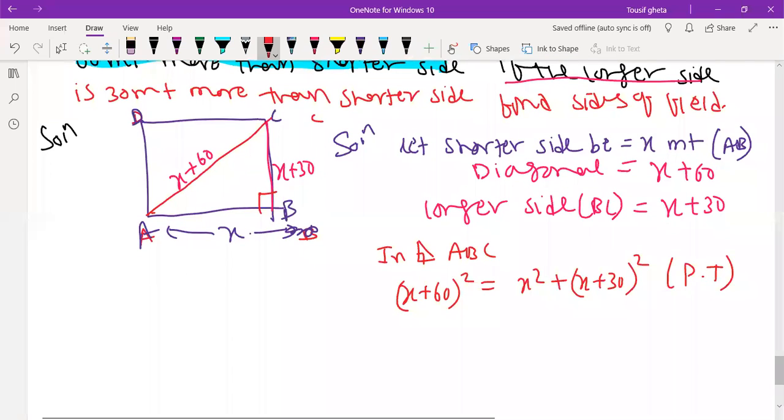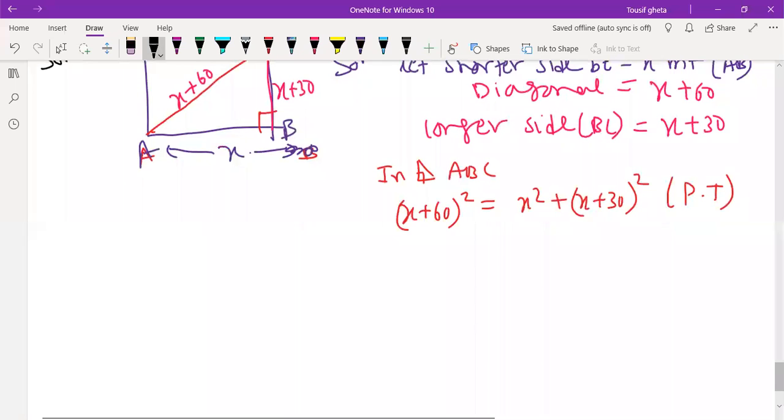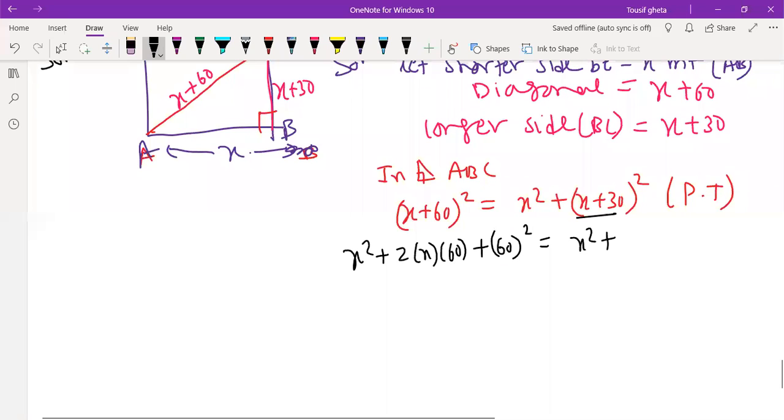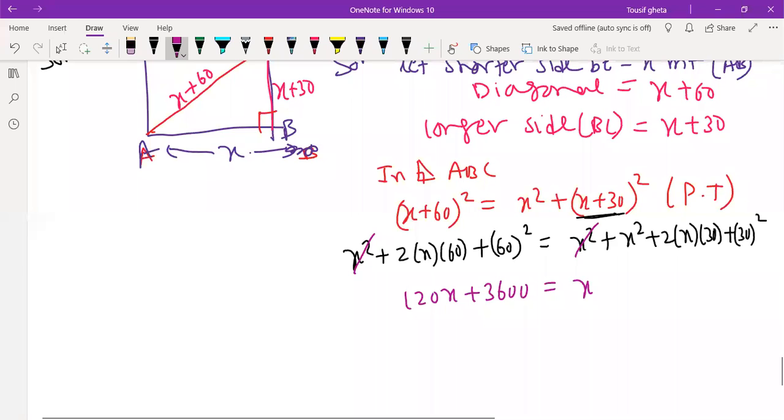Now here we need to use the a plus b whole square formula: a square plus 2ab plus b square. Here x square, and here also the a plus b whole square formula. So x square and this x square will get cancelled. We get 120x plus 3600 on one side, and x square plus 60x plus 900 on the other.